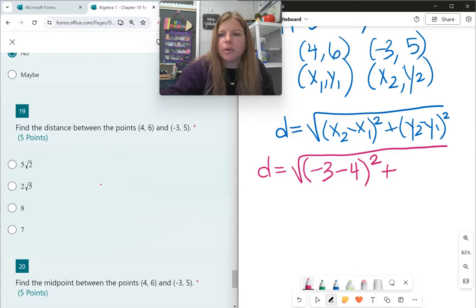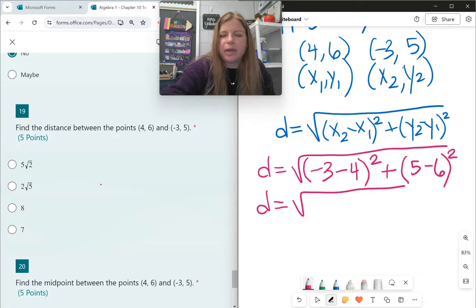Plus, now I have to do y sub 2 minus y sub 1. So 5 minus 6, and then I have to square it. Okay, so now this is d equals square root. What's negative 3 minus 4? It's negative 7 squared, plus 5 minus 6 is negative 1 squared.